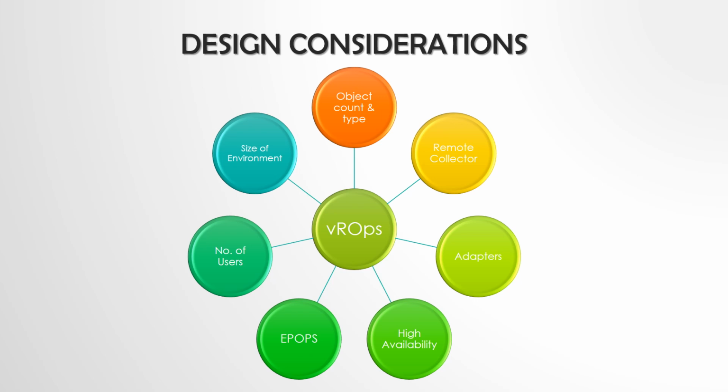Plus, for the communication of EP agent with your vROps, you need to deploy a separate load balancer. And the last is how many adapters you want to configure. Let's say you want to monitor SQL or Exchange or Active Directory, etc. Then you need to configure adapters for them.